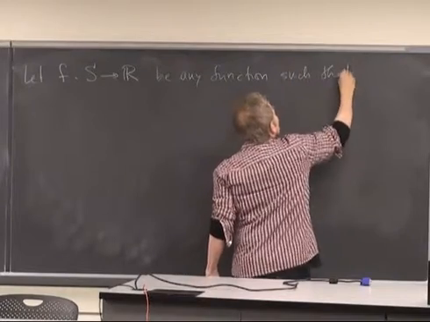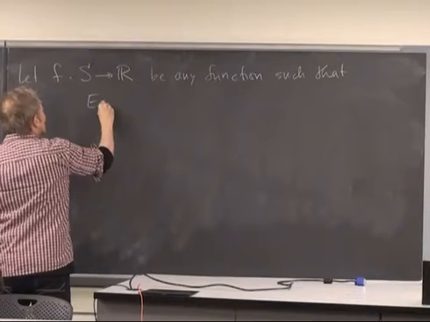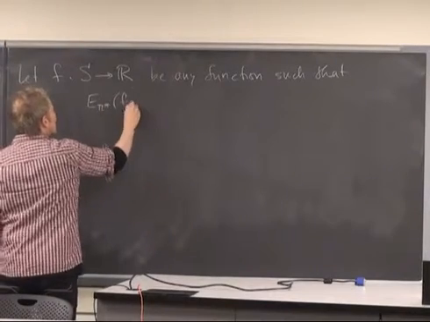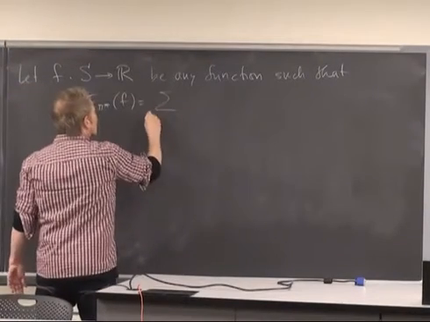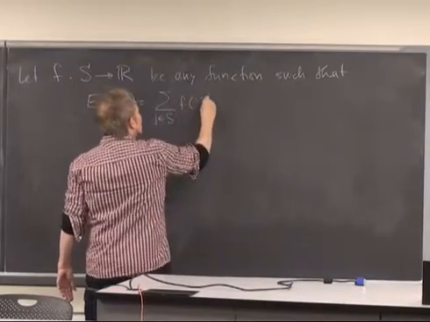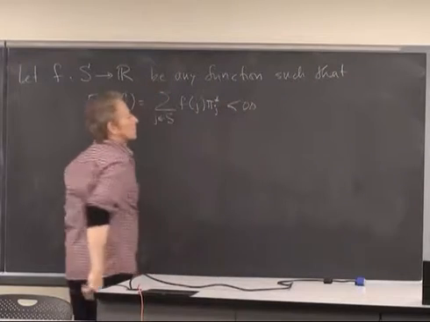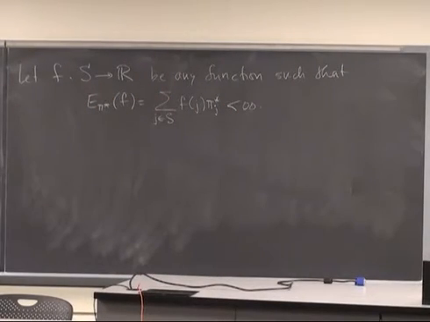The notation I'm going to use is E sub pi star of f. What is that? That's the sum over all states j of f of j times pi star sub j. Assume that that's finite. So f is any function defined on the state space that has a finite expectation with respect to the unique stationary distribution.